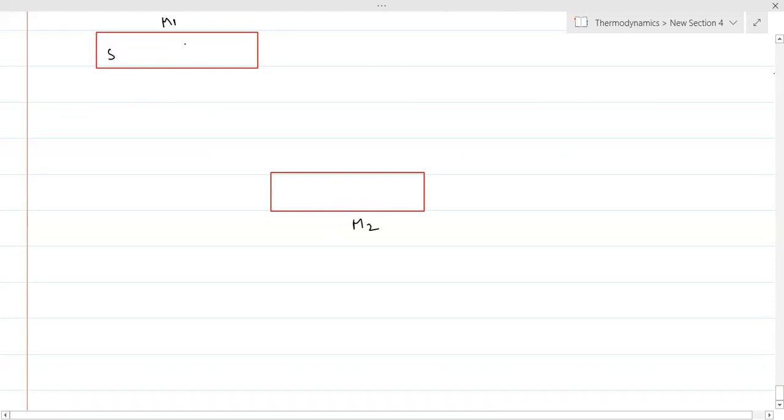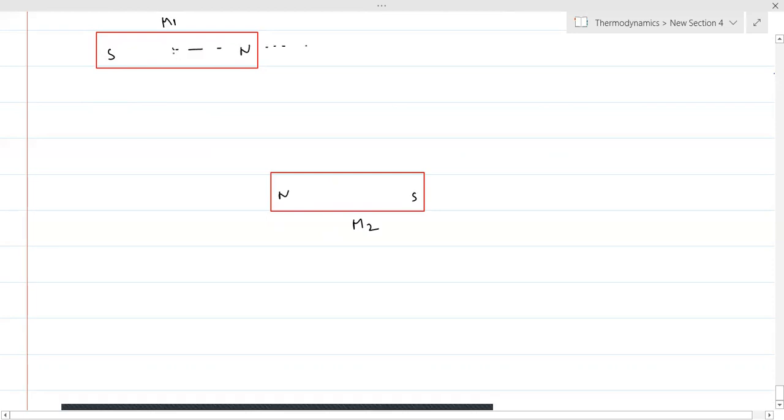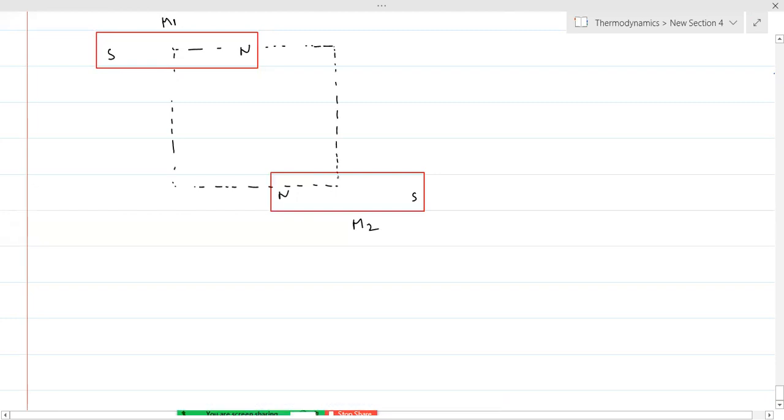Suppose I am taking this as south, north, and this as north, south. Suppose these two magnets are at the vertices of a square of side length D. So this will be the observation point we need to understand.